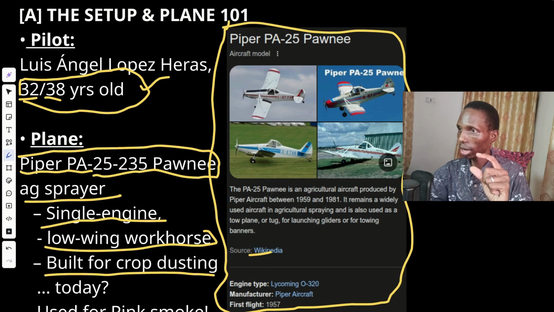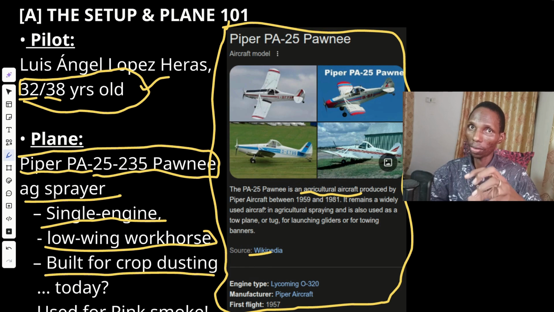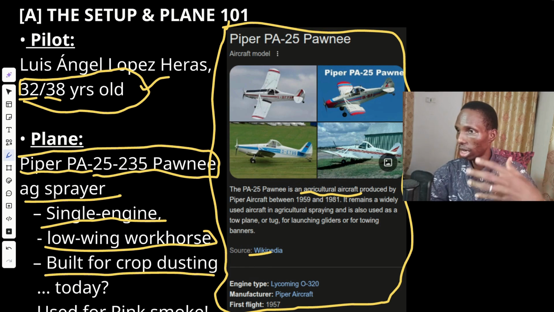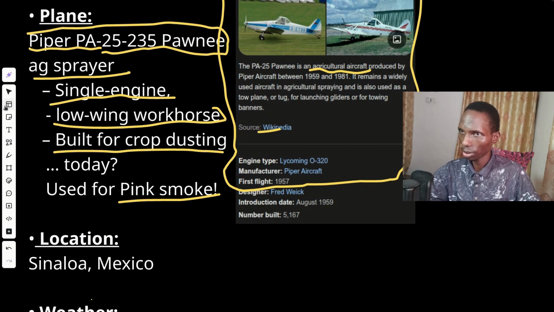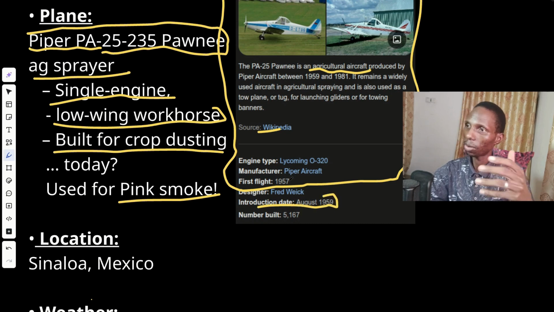You can see that it is an agricultural aircraft, and it has a tank that they can use to spray things. Let's see more of the details. You can see it's a very old class of airplane as well, and the introduction date was around 1959.